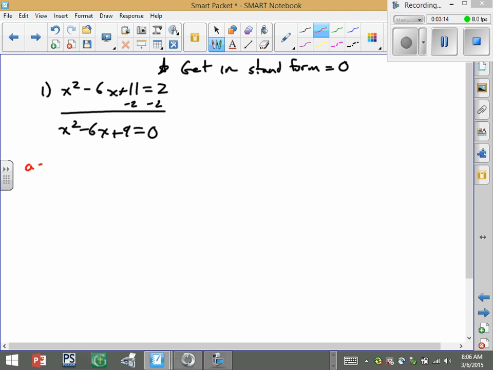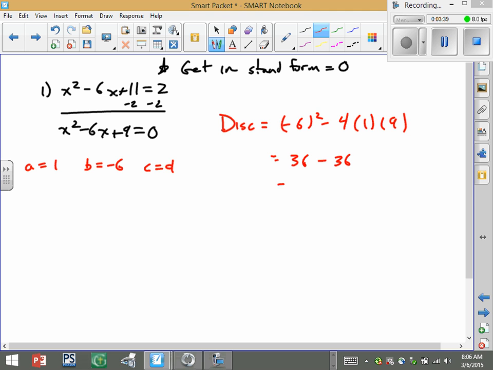A good thing to do here is locate a, b, and c. So a is 1, b is negative 6, and c equals 9. The discriminant equals the inside part of the square root, so that would be b squared: negative 6 squared minus 4 times 1 times 9. Negative 6 squared equals 36. 4 times 9 is also 36, so the discriminant here is 0.